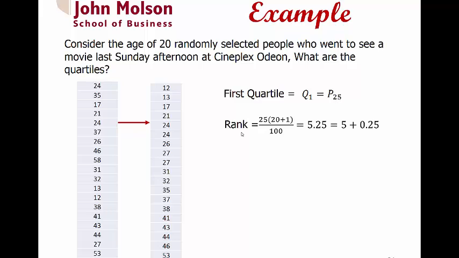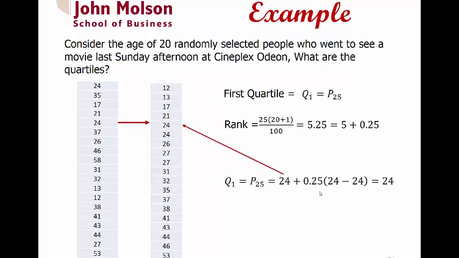So we go for the rank 25 over 100 times 20 plus 1, it's 5.25, which is the fifth observation, plus 0.25 of the difference between the other two. So my fifth observation is right here at 24.